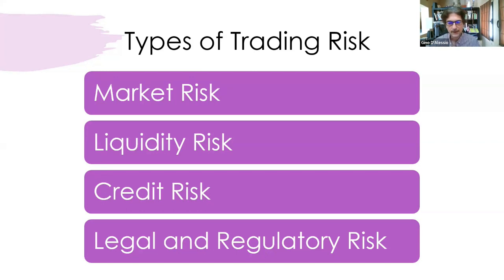So that is what we call liquidity risk. Basically, you weren't able to exit your trade at the predetermined stop loss because of a lack of liquidity, which arises due to factors such as economic data releases, especially the most important ones.